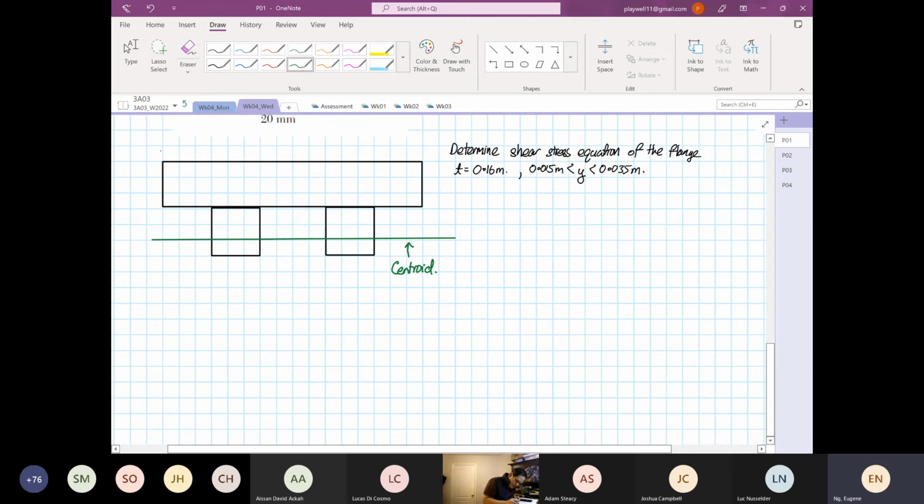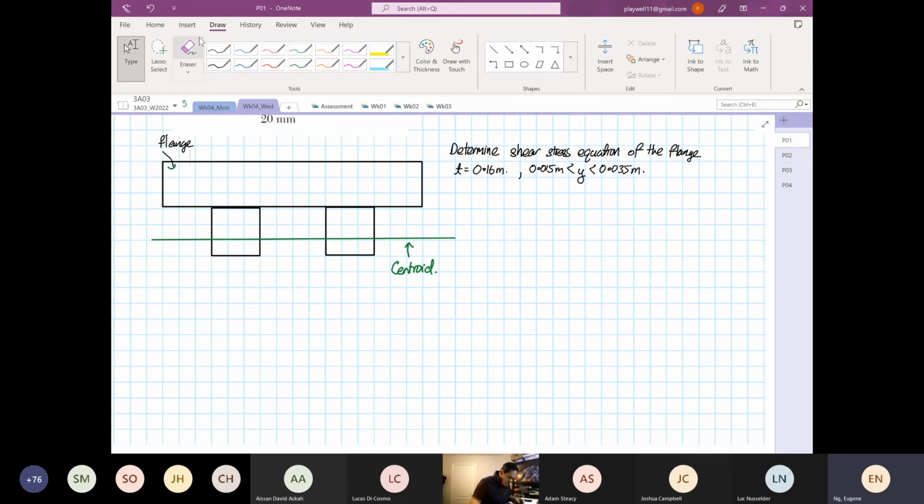So we know that this region is known as the flange. So we want to form the equation of the flange, right? Just the flange. Why do we just choose the flange?